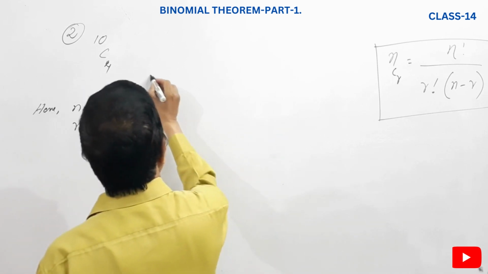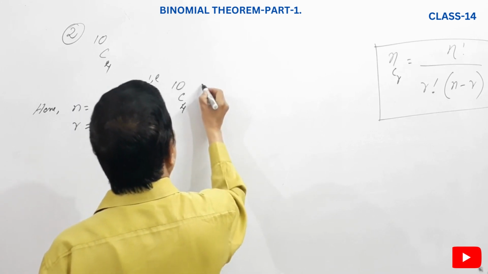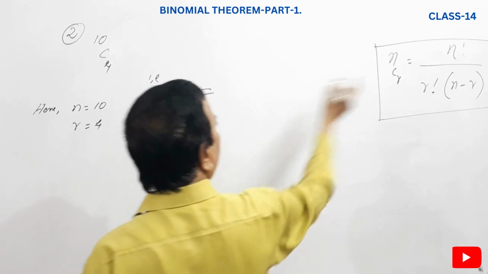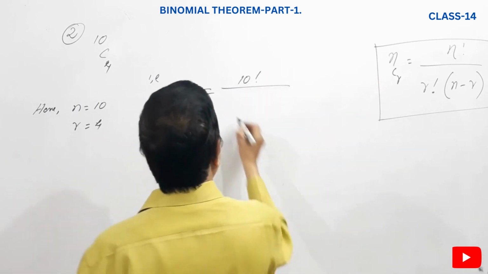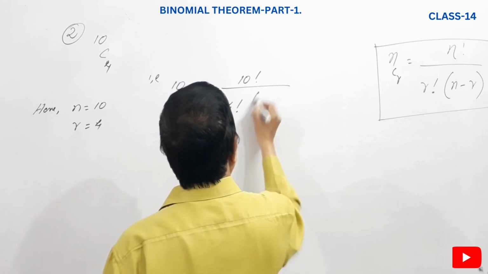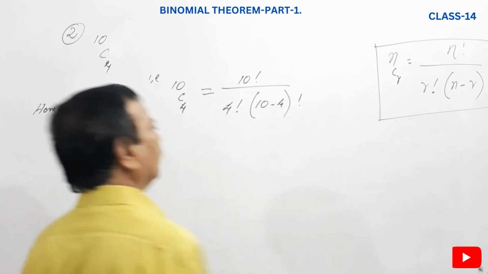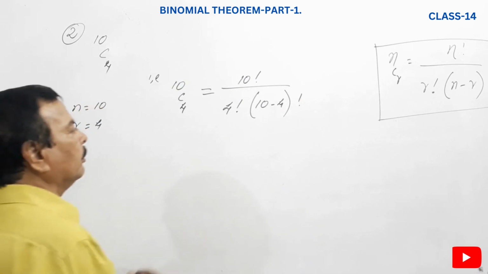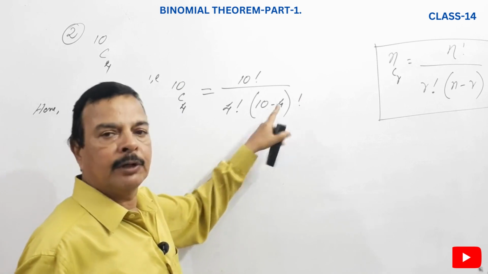Using that, 10 C 4 equals 10 factorial by 4 factorial into (10 minus 4) factorial, right? You subtract this manually in your mind only. 10 minus 4 is 6 factorial.